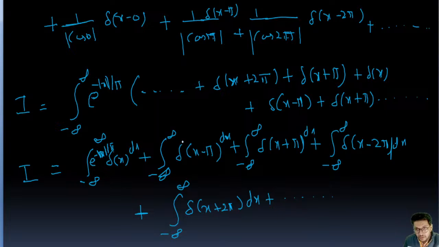Here also e to the power minus mod x upon pi. Okay, here also e to the power minus x upon pi. Here I'm going to write again, so we have missed this one.